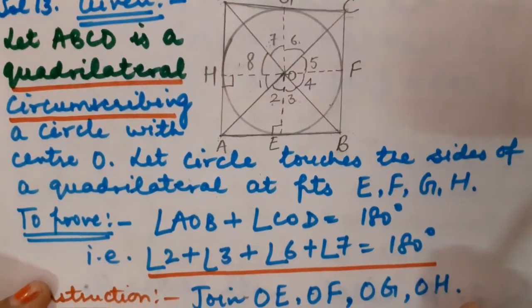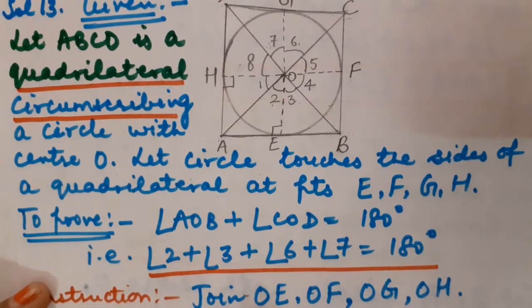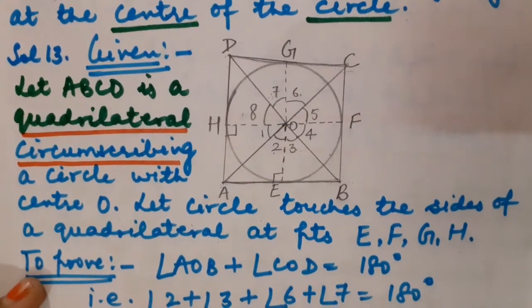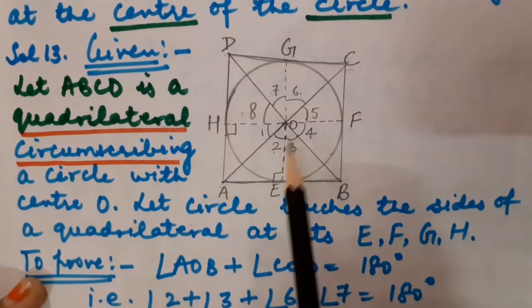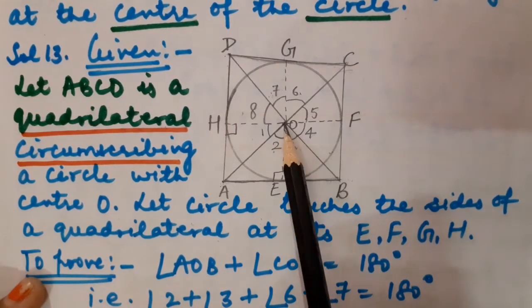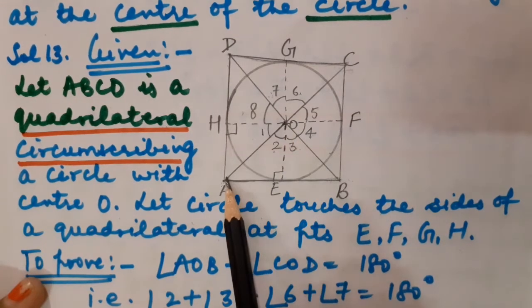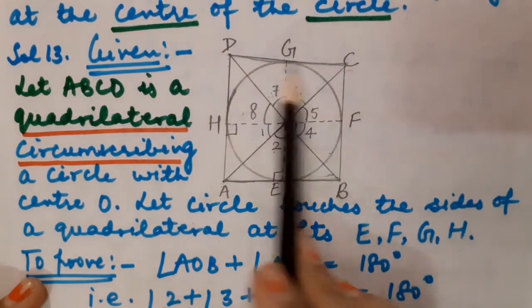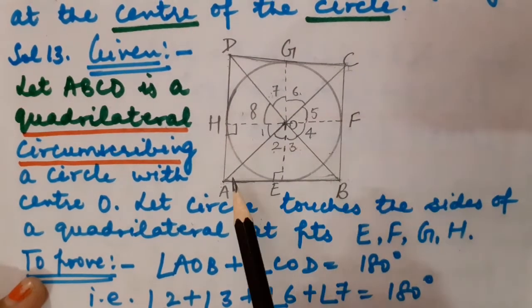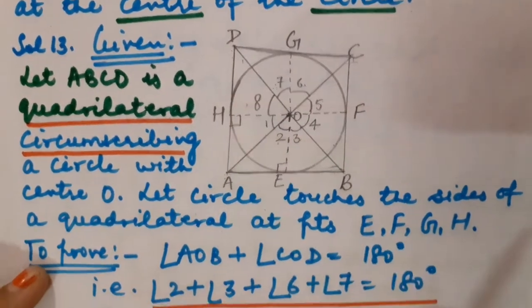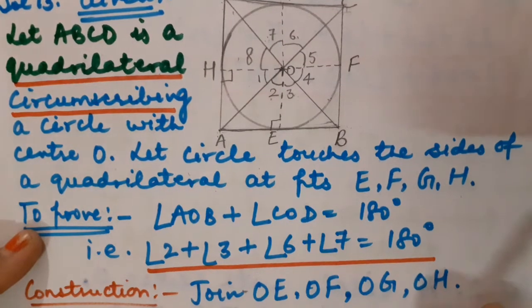Now, what we have to prove? We have to prove that the opposite sides of a quadrilateral circumscribing a circle subtend supplementary angles at the center of the circle. You can take either AB and CD as one pair of opposite sides, or you can take BC and AD. That depends on you. So children, I am going to take AB and CD.